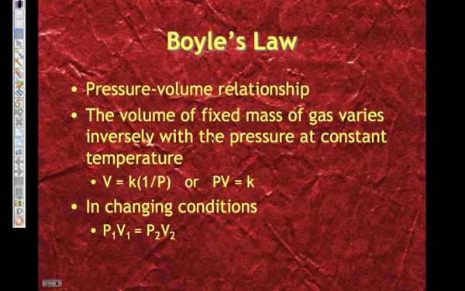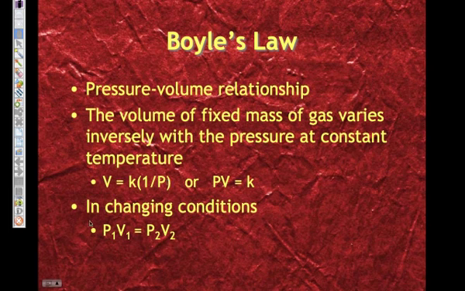So this is our equation, where K is a gas constant. All gases have a different gas constant, but it's the same for that gas. Since they're inversely related, if I multiply P over, we have PV is equal to K. If we have the same gas and we change the conditions, say we have a certain pressure and volume before, and then we switch the pressure and want to find the new volume, we use this.